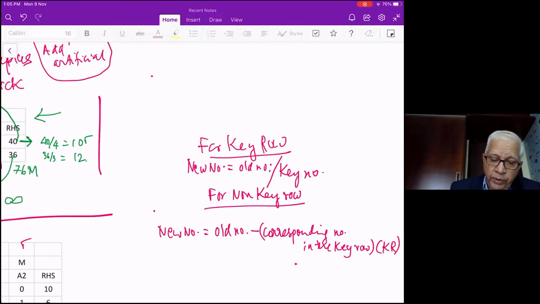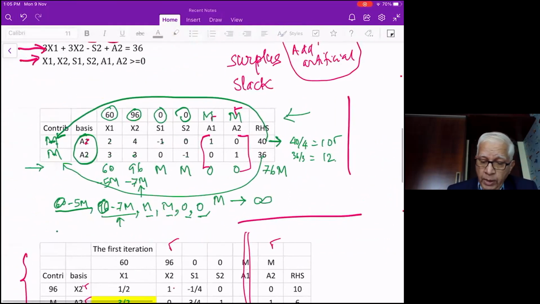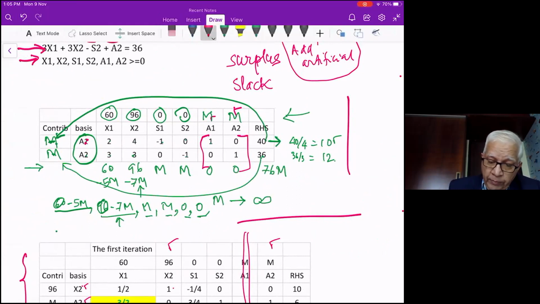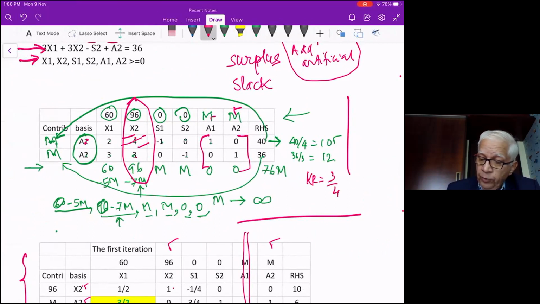So let's find out what is the key ratio. This is the key column. And this number is the key number. Number 4 is the key number. So what is the key ratio? 3 upon 4. So the key ratio, I'll write, is 3 upon 4.